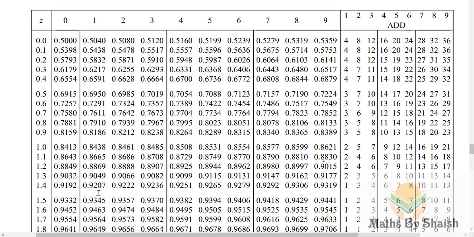1.7 first of all, so 1.7 is this, and then 9 is here, and then again 7, so it is this. Corresponding to 1.79 we have this value, and for the next 7 we have 6, so altogether it is going to be 0.9633 plus 0.0006, so it becomes 0.9639.